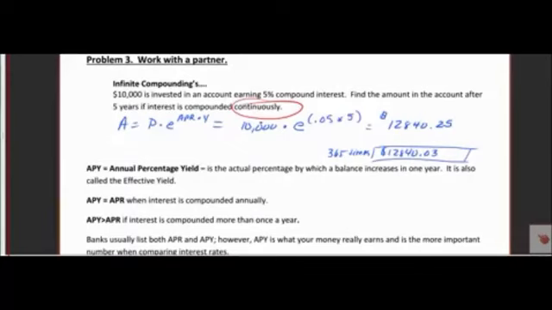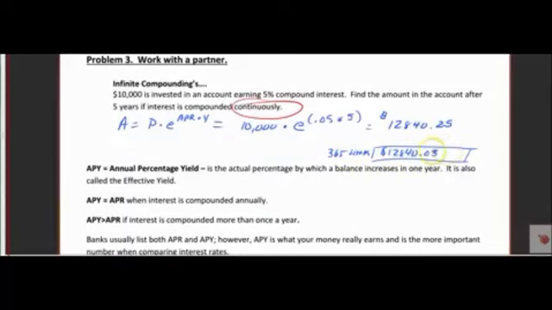This would give me $12,840.25. Now compare that to what we did earlier. We had the same amount of time, 5%, but it was compounded 365 times a year. That result was $12,840.03.